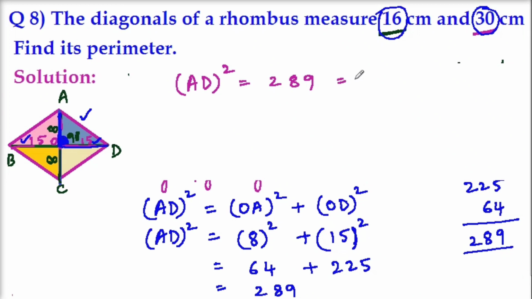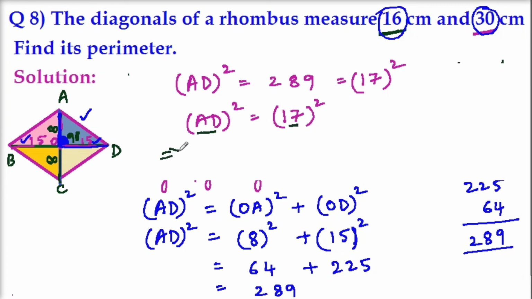And we know that 289 is the square of 17. It means AD whole square equals 17 whole square. It implies that the value of AD is 17. We can write AD equals 17. And what will be the unit? Centimeters.